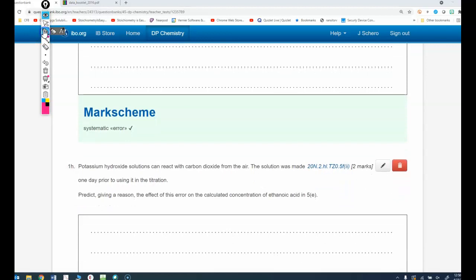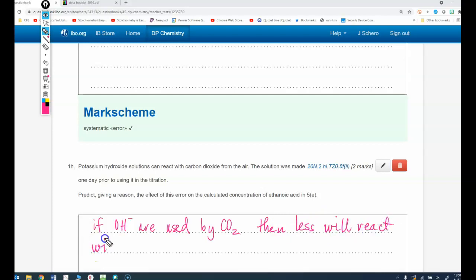So if OH ions are used by the carbon dioxide, then less will react with the acid, and the calculated concentration will be lower.